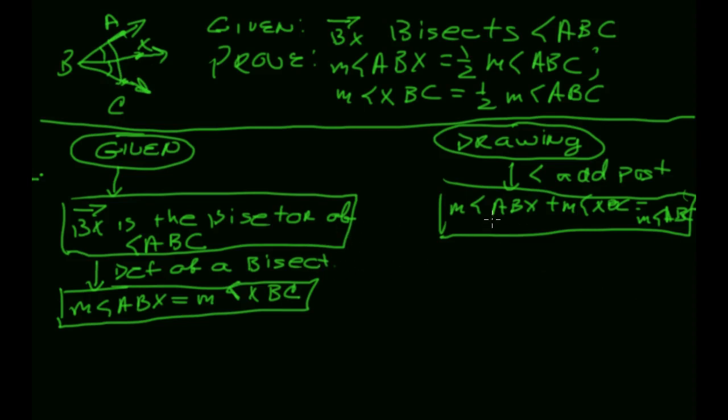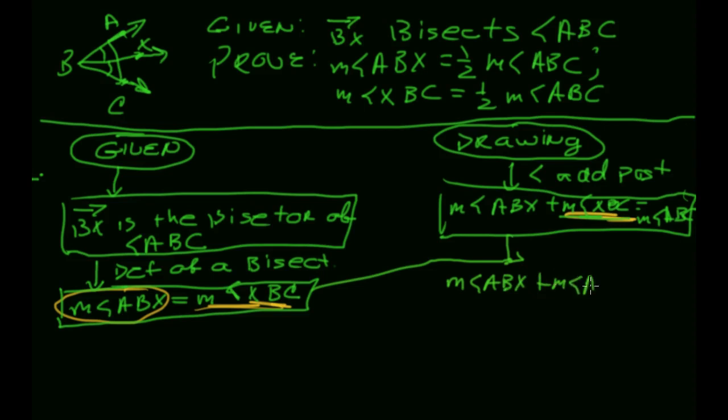Now, let's take a look. This is XBC, right? So this is like a very similar game that we used before. Over here is XBC. This is XBC. They're the same thing. I can take one of those out and put that in its place. So I'm going to use this together with this to make a statement that the measure of angle ABX plus the measure of angle ABX is equal to the measure of angle ABC.